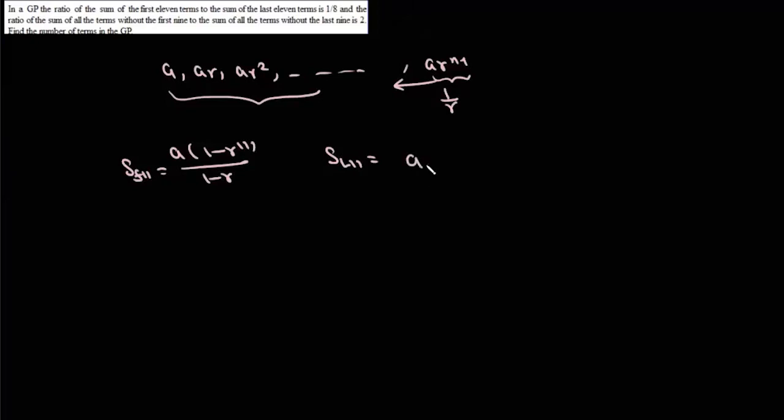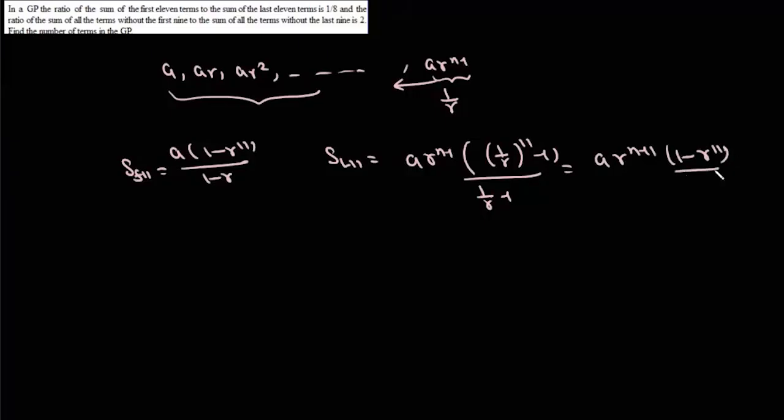So we can write this as A r to the power n minus 1 upon r to the power 11 minus 1 upon 1 upon r minus 1, which will be A r to the power, now this is n minus 1 and this is r to the power 10, so it will be A r to the power n minus 11 into 1 minus r to the power 11 upon 1 minus r. Now if we take their ratio, it is given that its ratio is 1 by 8.